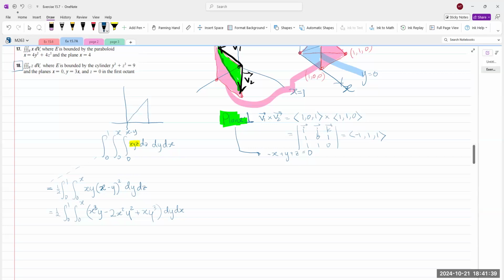Integrating with respect to y gives us 1/2 x cubed y squared minus 2/3 x squared y cubed plus 1/4 xy to the 4th from 0 to x, dx.